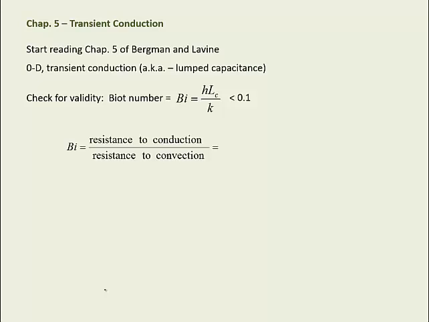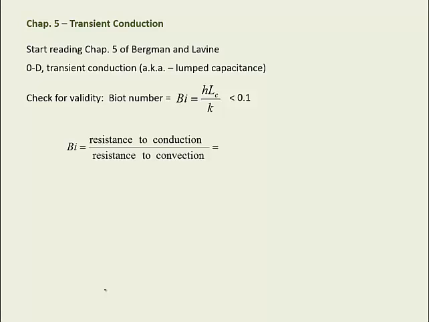And the phrase that we used before and is commonly used is lumped capacitance. So zero dimension says that we can ignore the spatial variation of temperature and just look at the transient variation of temperature. The check to determine whether we can assume lumped capacitance is to look at the Biot number, and its shorthand is just Bi, and it's defined as h, heat transfer coefficient, times a characteristic length, divided by thermal conductivity for the material.